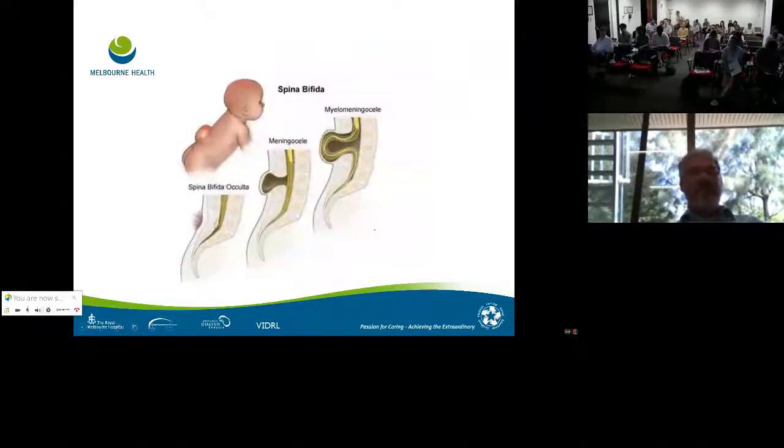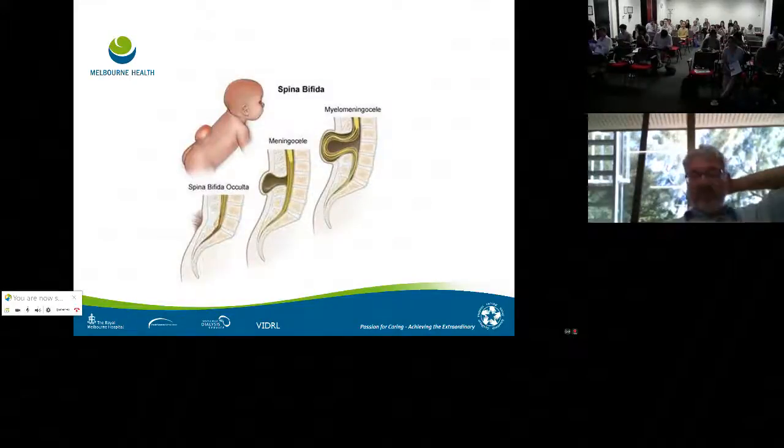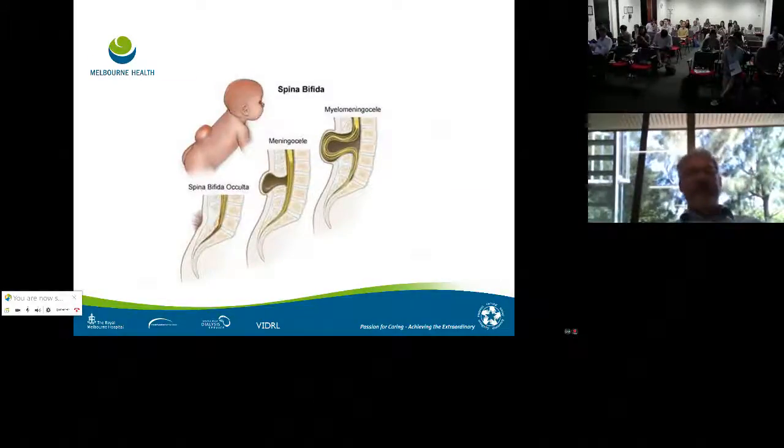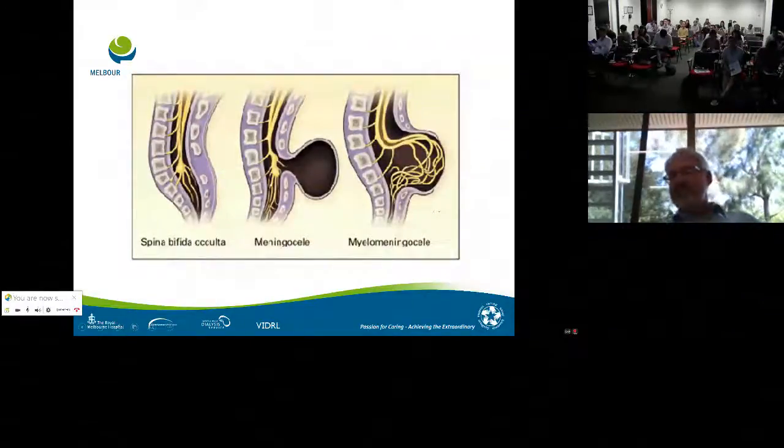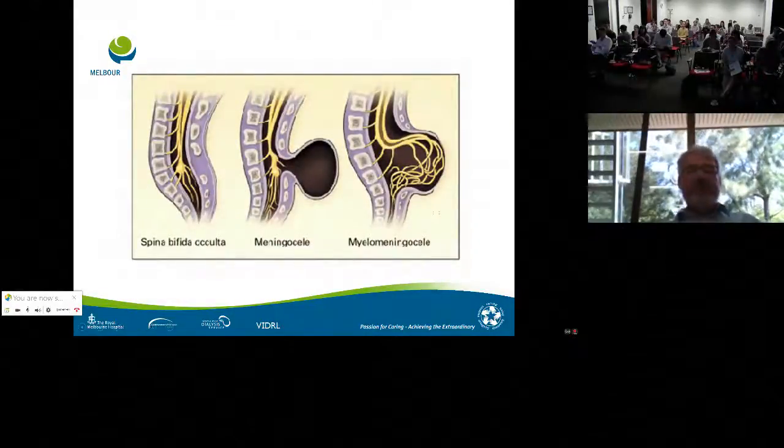So you go from spina bifida occulta, where there might be a lesion on the skin, a hairy lesion, to meningocele, which is relatively uncommon, to the more common myelomeningocele, where there are also issues with the neurological lower spinal cord.